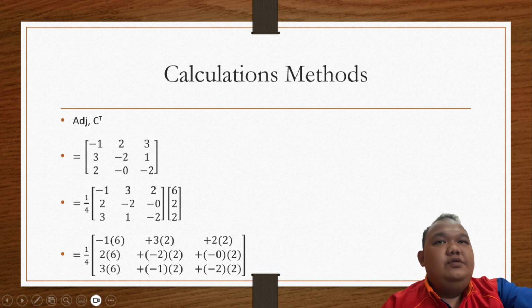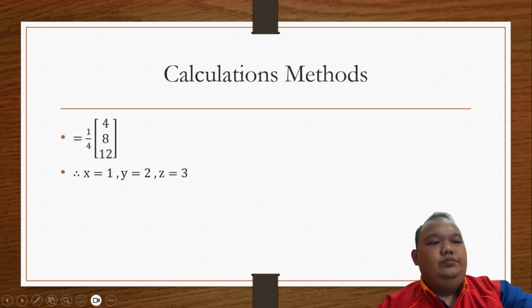The second row is 2 times 6, plus negative 2 times 2, plus 0 times 2. And the third row is 3 times 6, plus negative 1 times 2, plus negative 2 times 2.